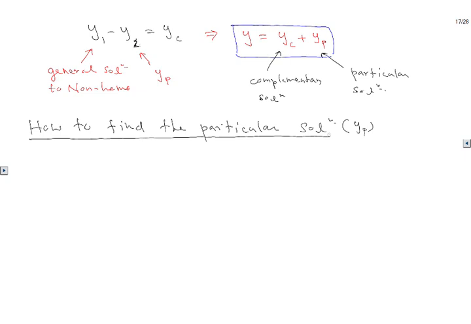So we can talk about two different techniques. The first one is what we call the undetermined coefficient method.